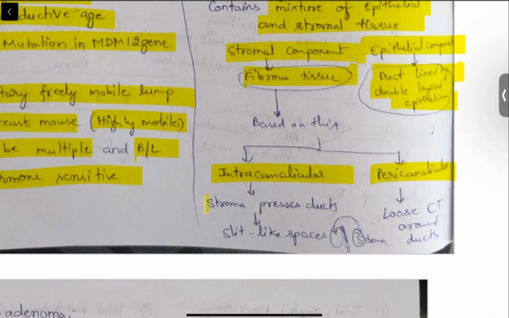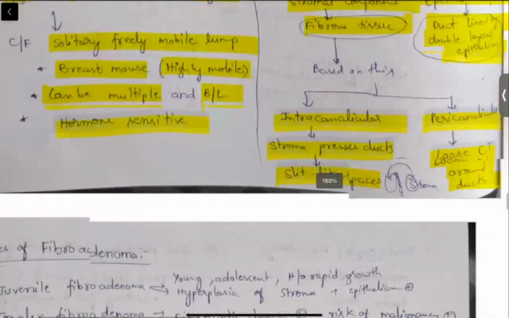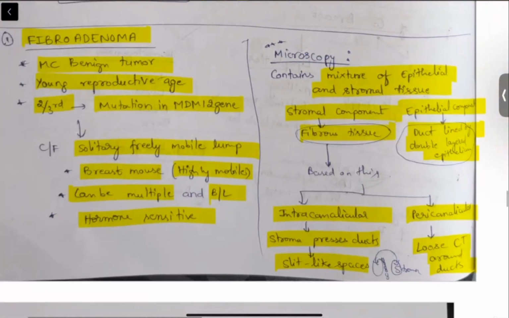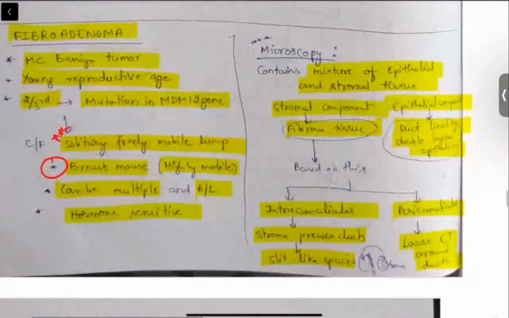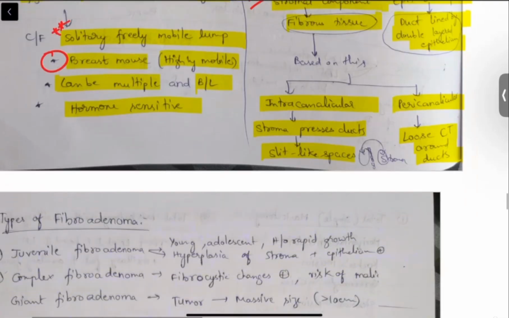In intracanalicular, stroma presses the ducts and this creates slit like spaces, whereas in pericanalicular, loose connective tissue around the ducts will be seen. This is not much important, just remember fibroadenoma clinical feature will be a solitary freely mobile mass, and it is also called breast mouse, and usually it contains both stromal tissue as well as epithelial component.